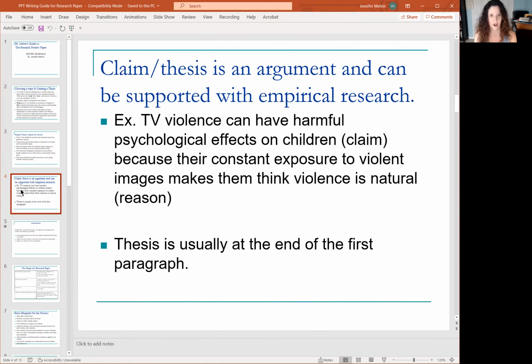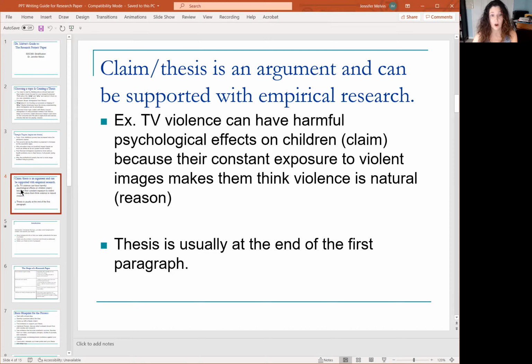All right, and then your claim or thesis, as I said, is an argument, and it has to be something you can support with empirical research. So it has to be something you can research and that you can find the research and go, okay, this is what I found about this topic. There's an example here. Again, we've got a claim and a reason.